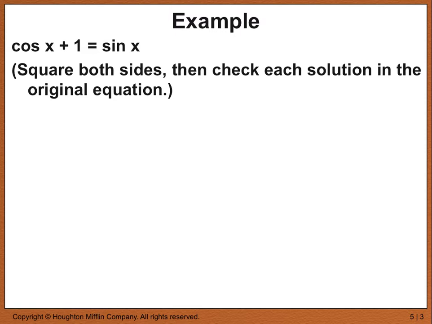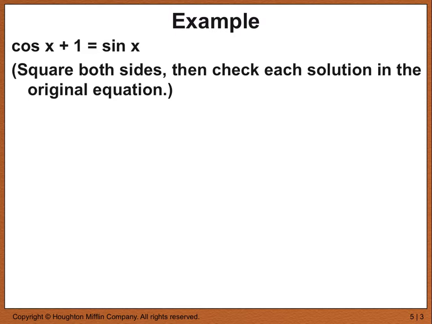So squaring both sides will help us to perhaps use one of those. You don't always know whether it's going to work or not, but at least it's worth a try.